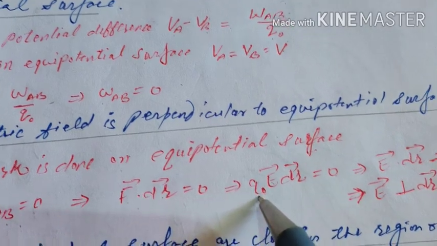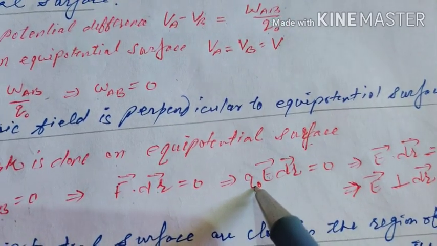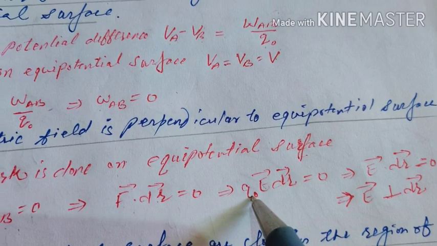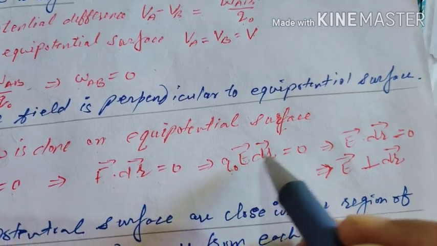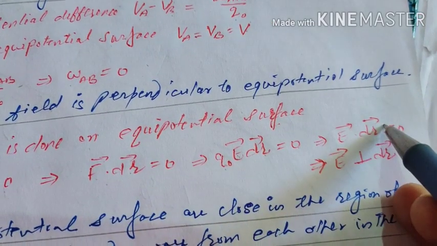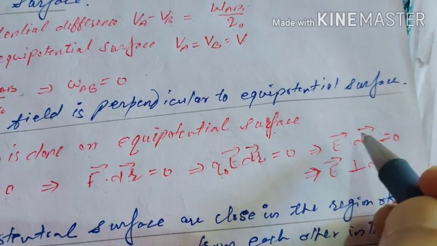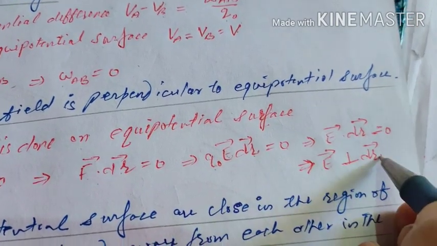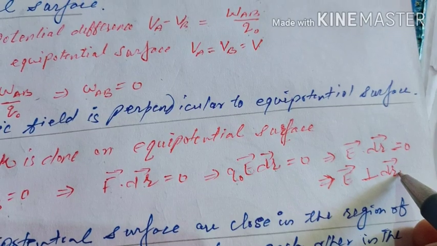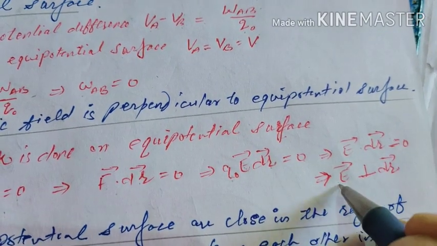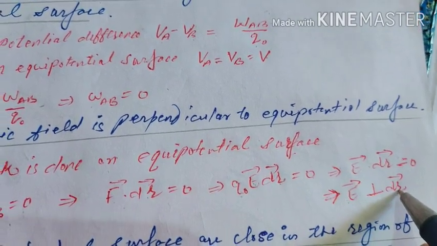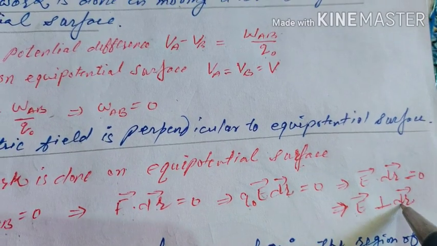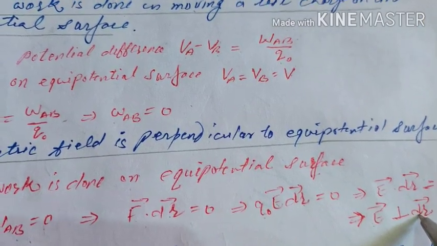Q0 is a point charge, or you can say a test charge, negligibly small but not equal to 0. So the dot product of E and dr is 0, and we know that if the dot product of two vectors is 0, then the vectors are perpendicular. This is the condition of perpendicularity from the vector chapter. So E is perpendicular to dr. This is the second property, that electric field is perpendicular to the equipotential surface.